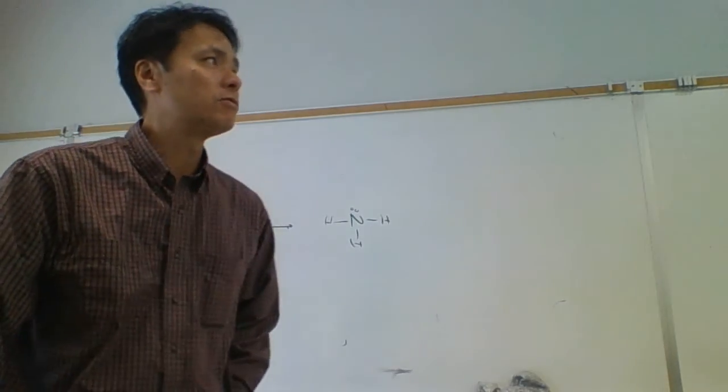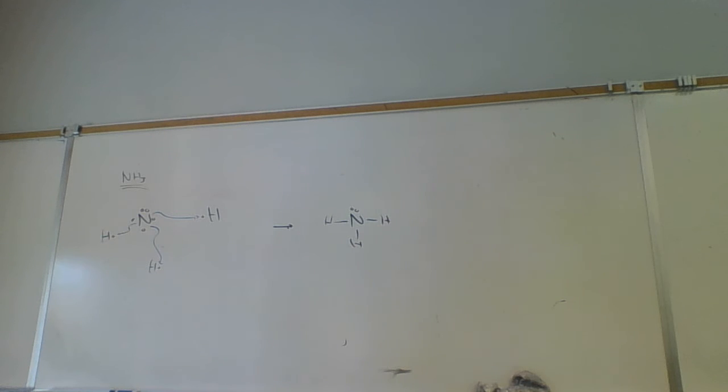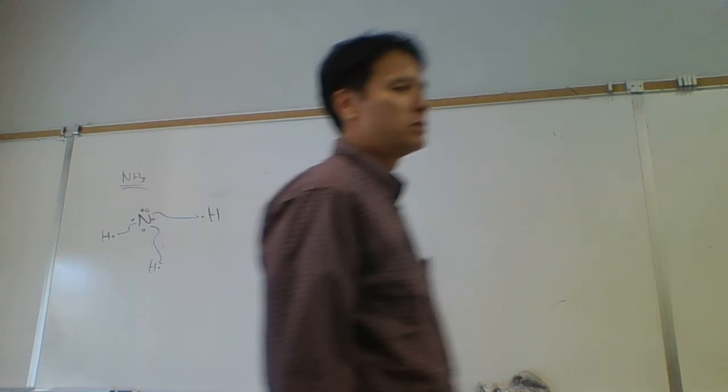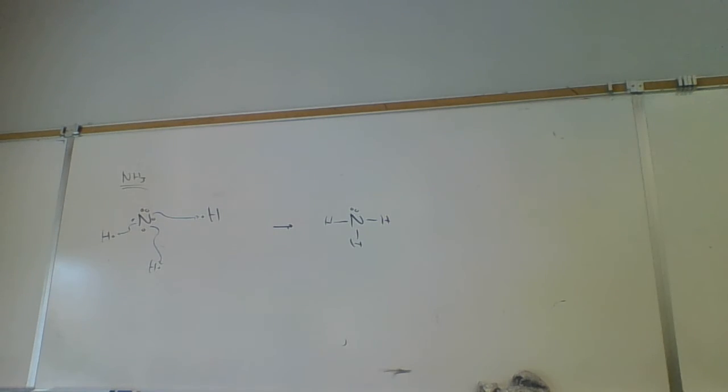What we're going to do is we're going to follow a step-by-step procedure. The step-by-step procedure, when we're trying to draw a Lewis structure, this is going to be for Lewis structures for molecular compounds and ions.